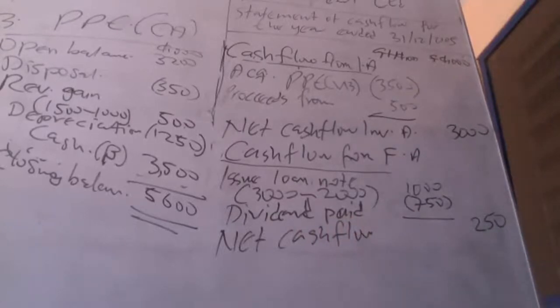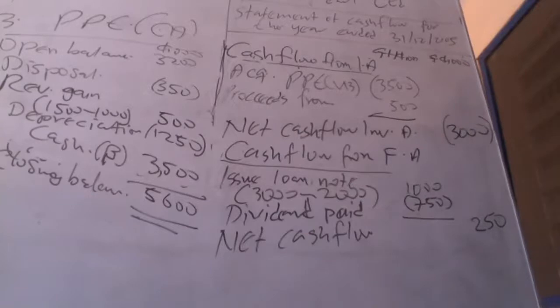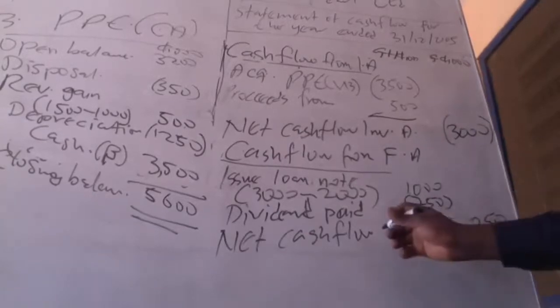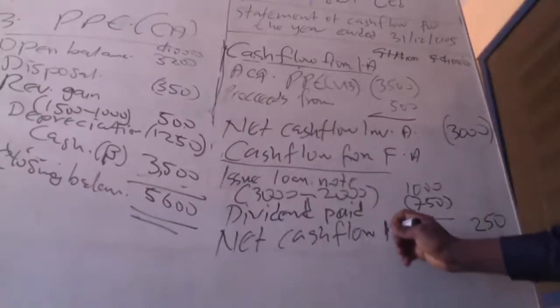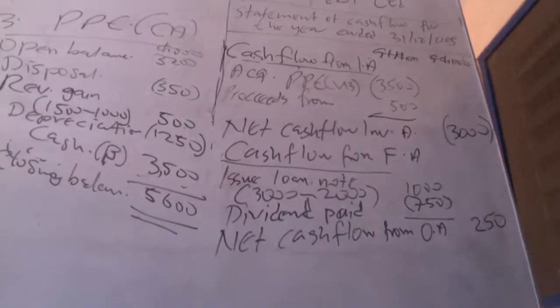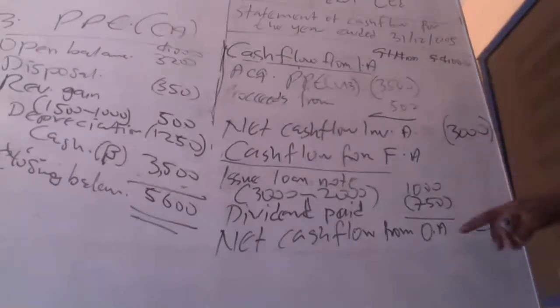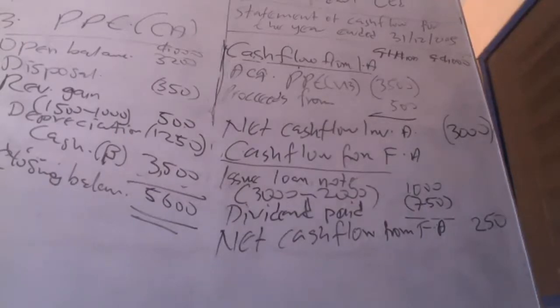Here it should be negative because this figure should be negative, but 3,500 is more than the 500 positive. Net cash flow from operating activity is 250, positive because the inflow is 1,000. Sorry, it's financing: net cash flow from financing, not operating.